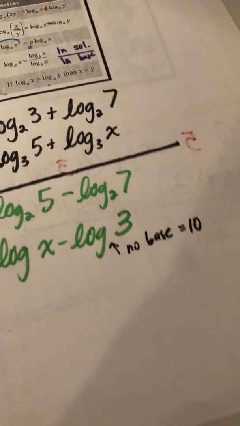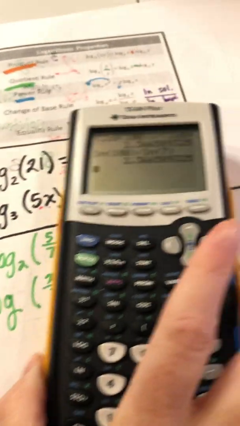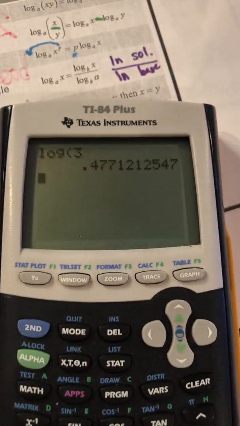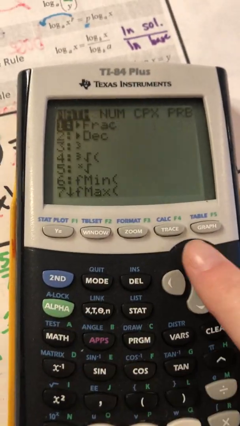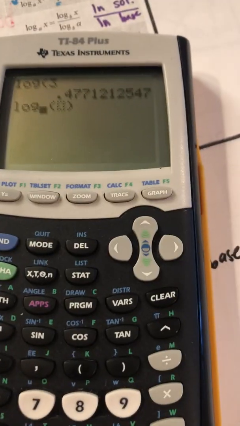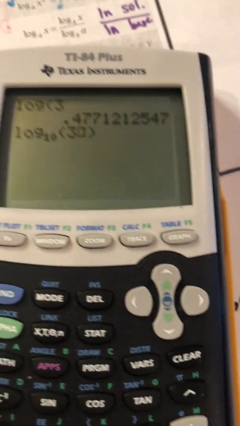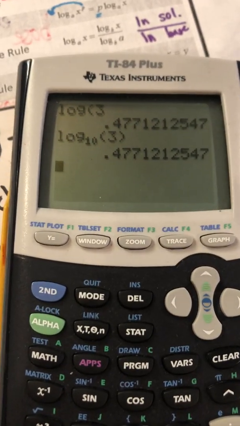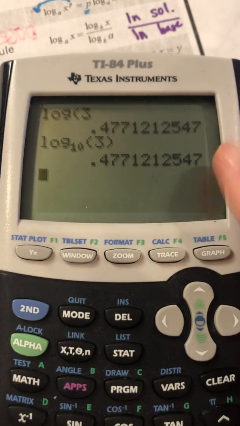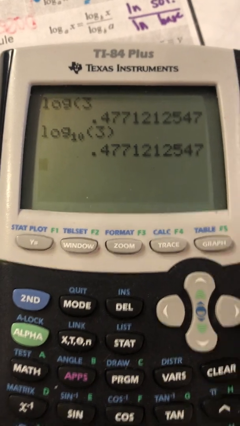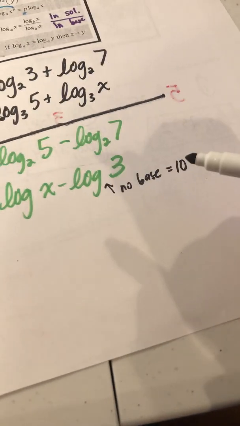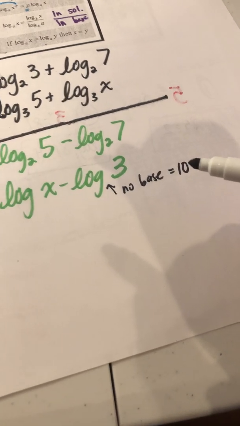So I would show you in your calculator that log 3 is the same as math, up, enter, log 10, 3. It's a common base, right? Like 10 cubed, 10 to the 4th, 10 to the 5th, whatever. It's our common base, and so that's what it is. If there is no base, it's technically 10.